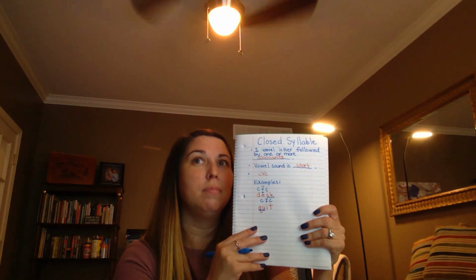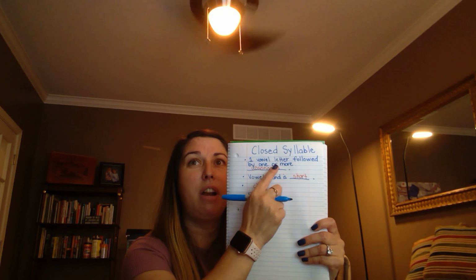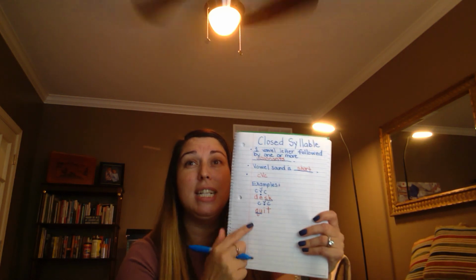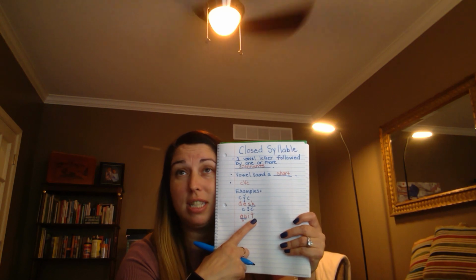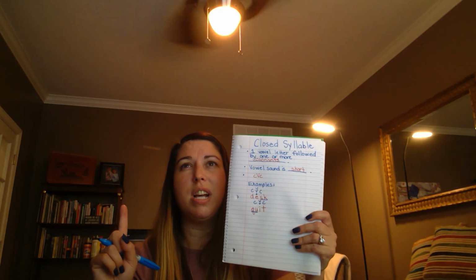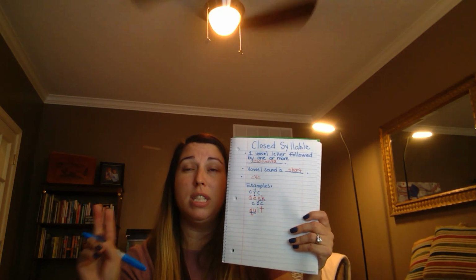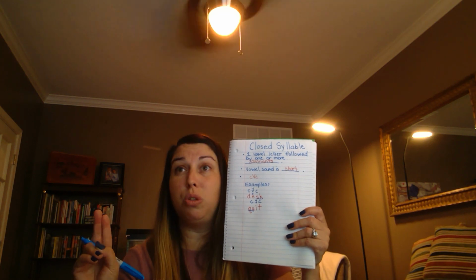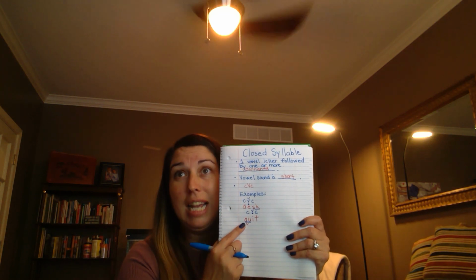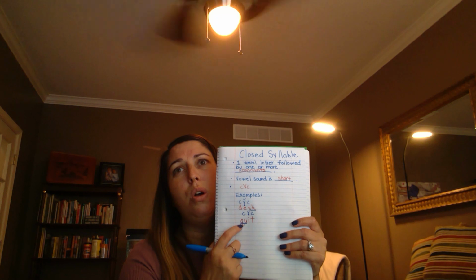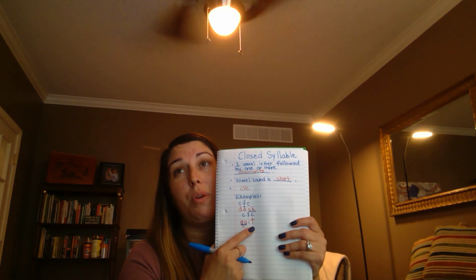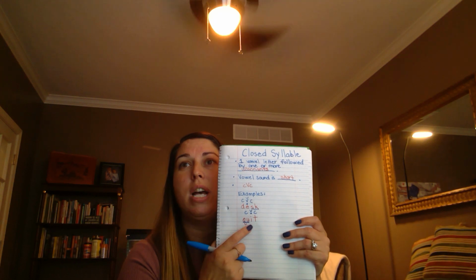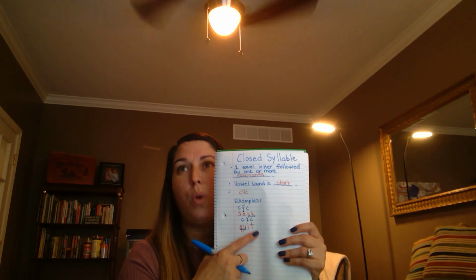Look. Is it one vowel letter followed by one or more consonants? That vowel is followed by a T, which is a consonant, so it follows that rule. The vowel sound is short. Let's try the two sounds. Let's try it with a long I and a short I. Quite, quit.